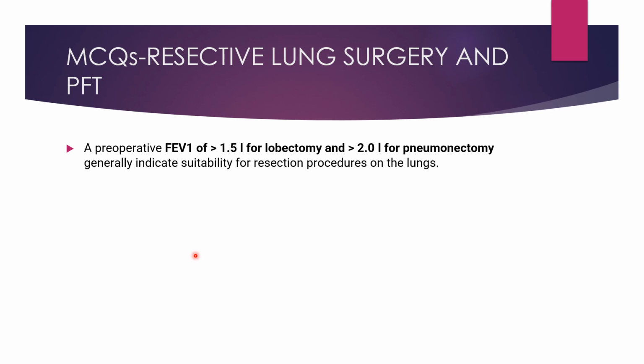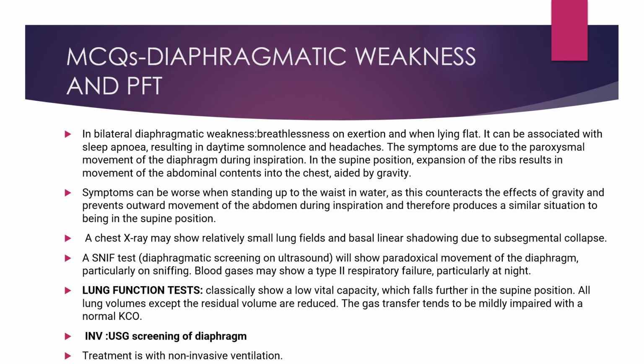If the FEV1 is less than 1.5 or less than 2, these resective surgeries are not done and they are contraindicated. So that can be one of the questions based on the pulmonary function tests.